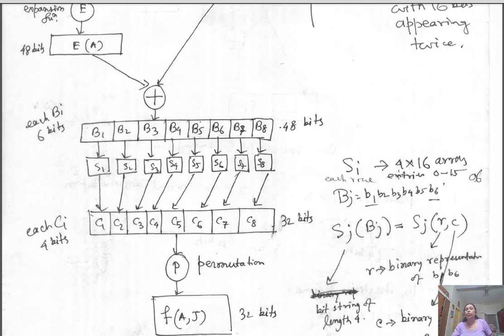Each row has the entries 0 to 15 in some order; the first row has 0 to 15 in some order, the second row also, and so on. All 4 rows have the entries 0 to 15.